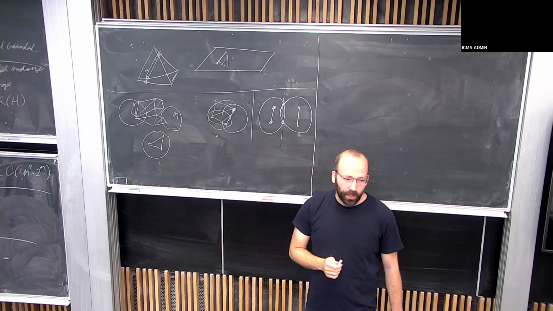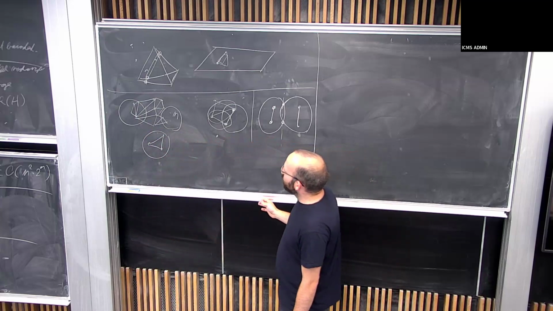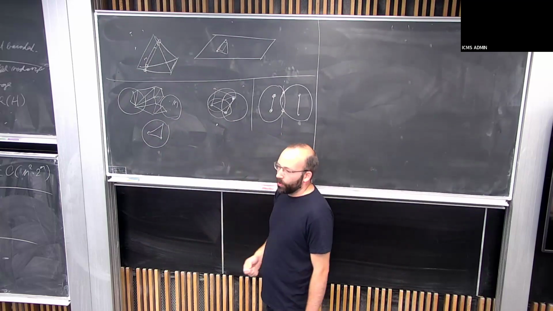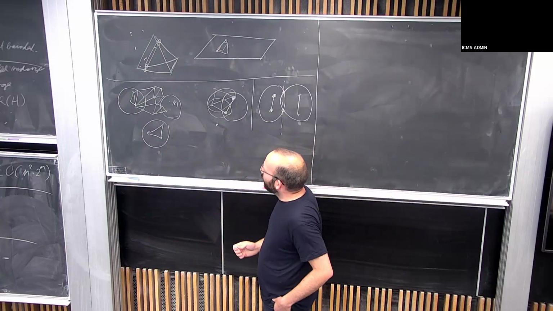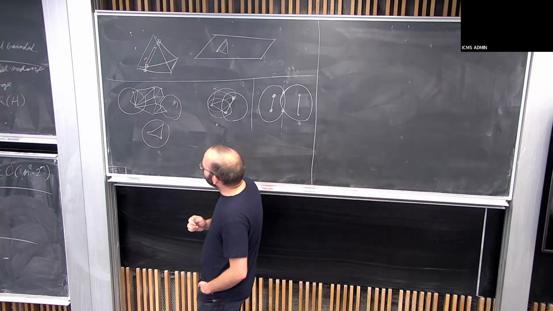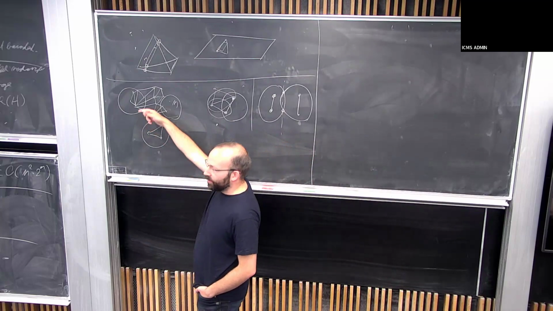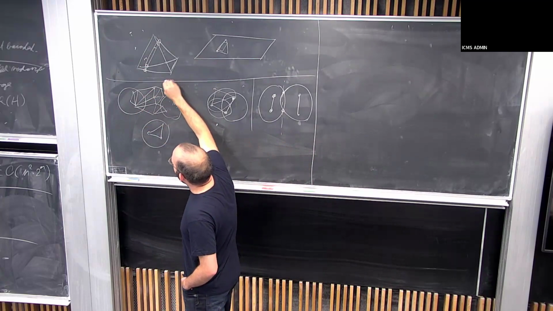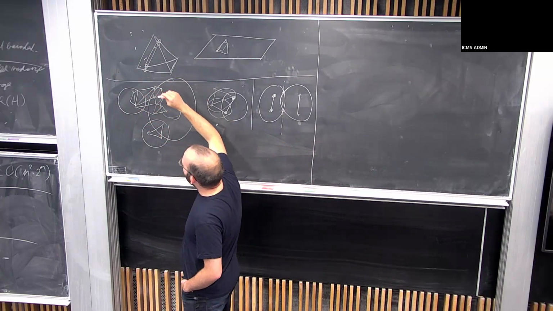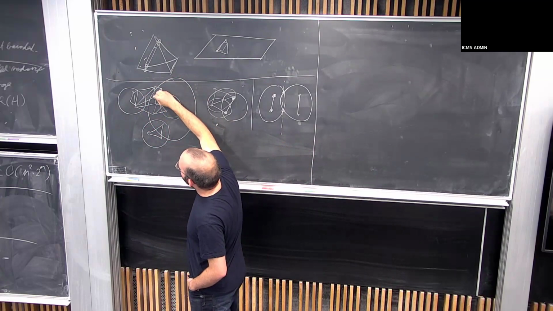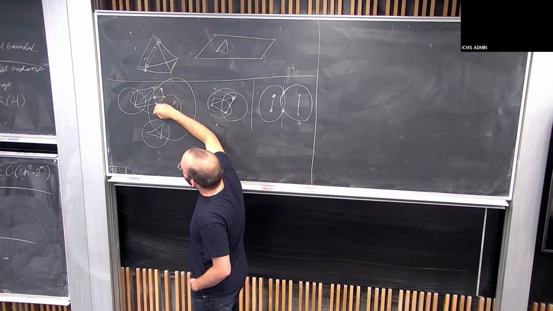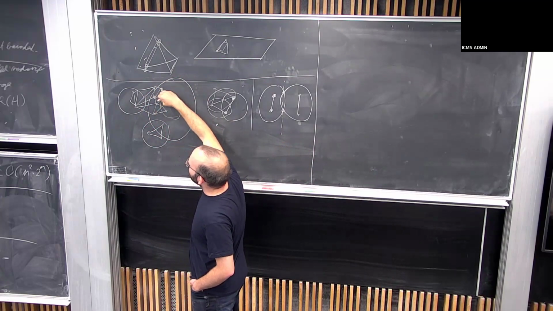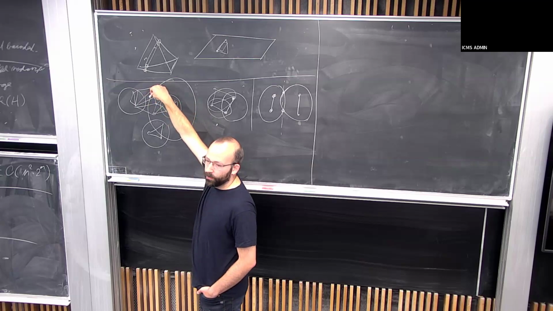Okay, so why is this useful for us? Well, I won't go into the details, but it's not hard to see that if I take this Delaunay triangulation and then take any circle, it will contain a connected part of this planar graph.